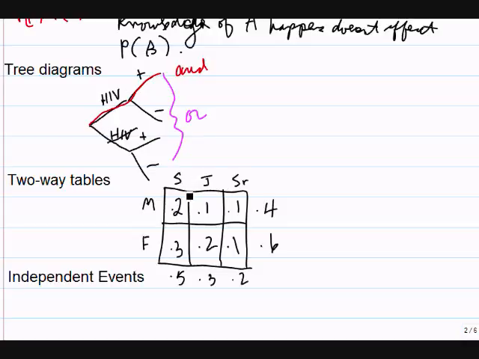And then this space right here is an AND.